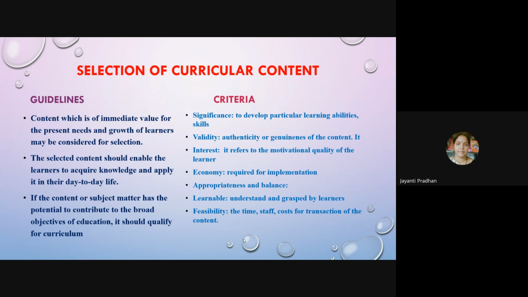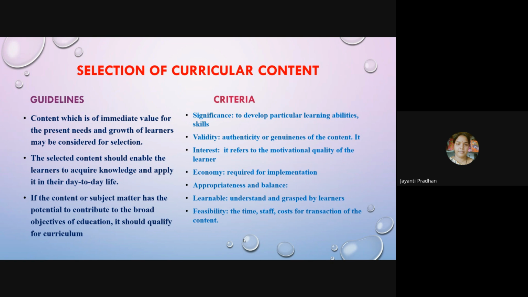Whatever content we are selecting, if it is easy and we are used to that, we know about that, then the learner will not show interest in that content and they will not be motivated for that kind of program. So we must balance between the easy and difficulty level, simple and complexity, known and unknown. In these things we must keep our balance.